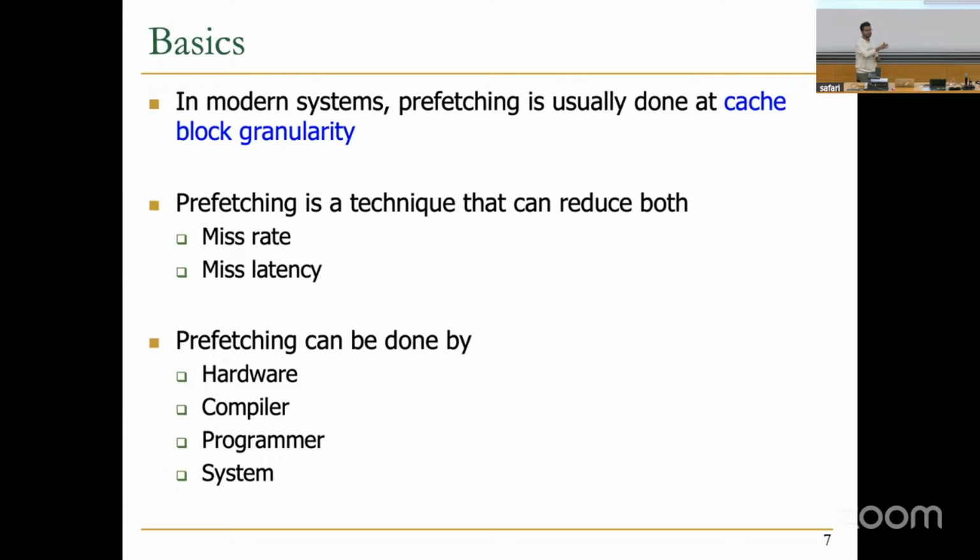I'm going to access an array regularly, so while I'm accessing element A of I, why don't I prefetch A of I plus 8? That's the anticipation that we as programmers can also do, so that once we want to access A of I plus 8, it is already present in the cache. And there are multiple examples we can dig into, where the system itself is also generating prefetch requests. Prefetching is a very broad topic, actually.